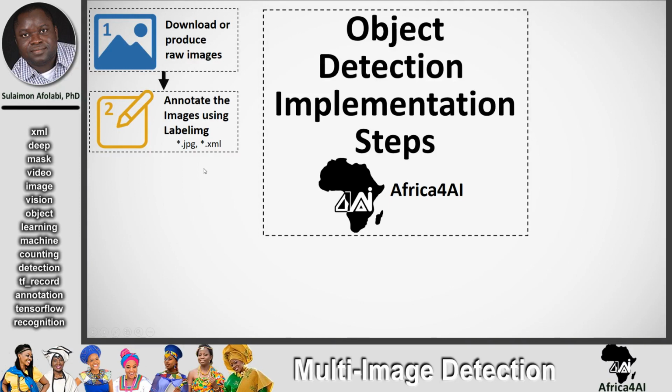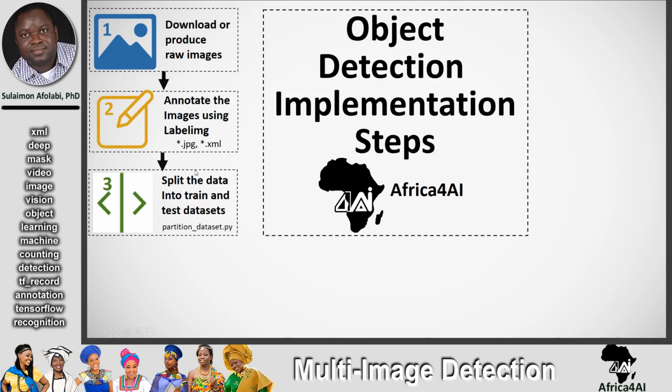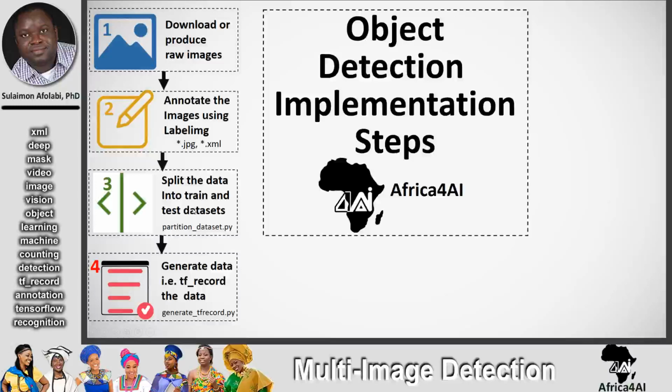It's available free of charge. You can download that. So you need to split the data into train and test data set. You don't need to do this manually. There's a code you can use. So in the next part, the second part of this tutorial, I will show you how you can use that.